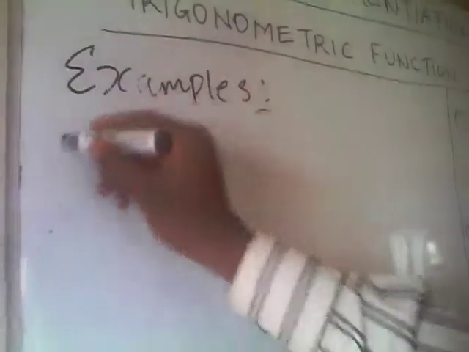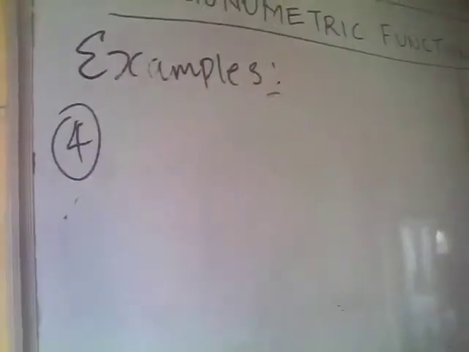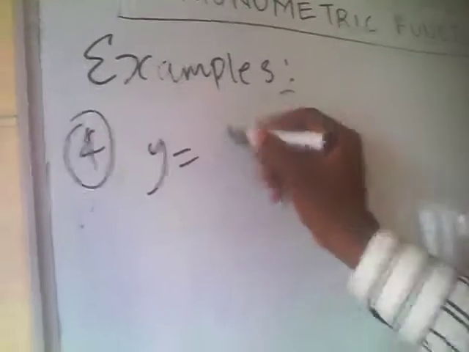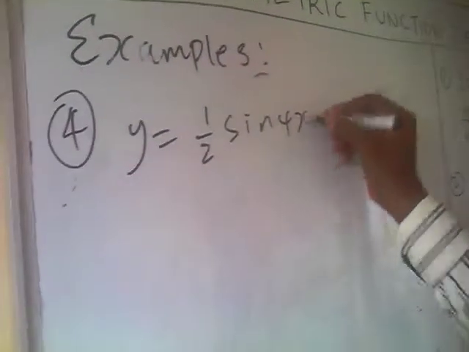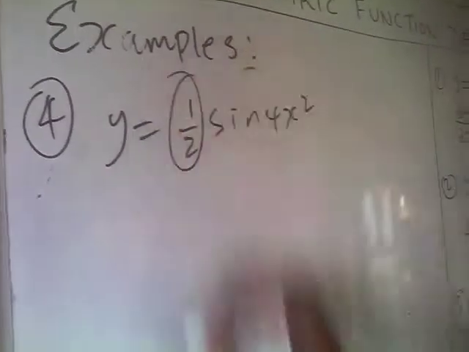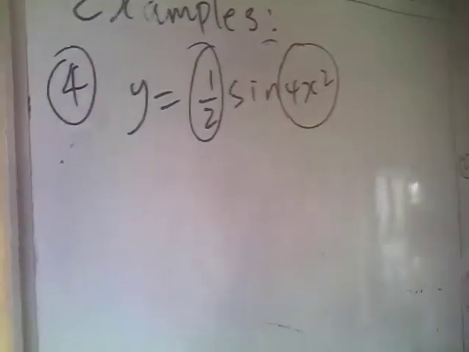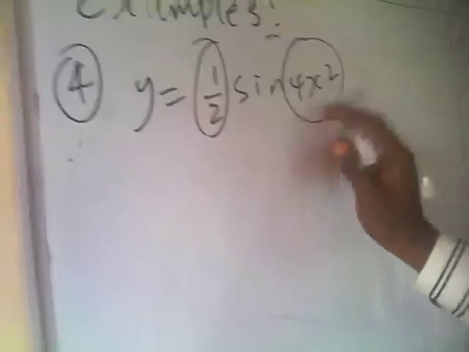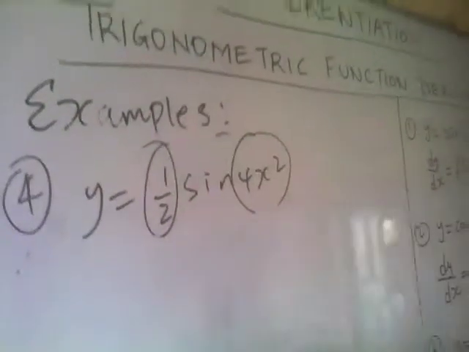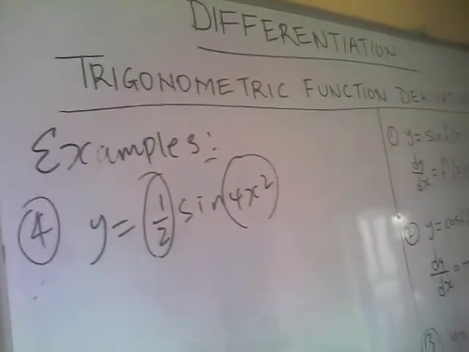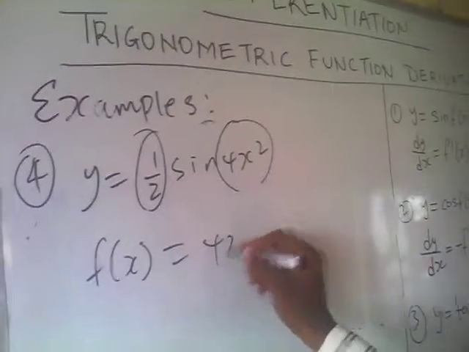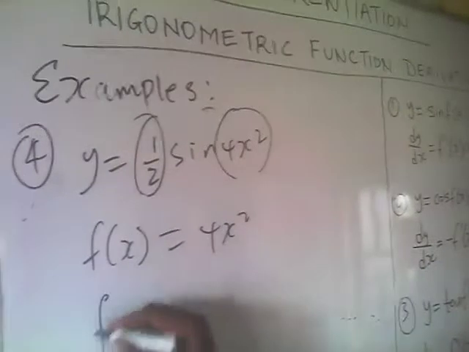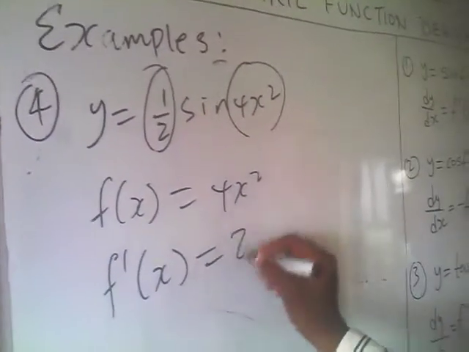Now, number 4, we have y equal to half sine 4x squared. Now, this half is a constant and this is a function of x. We are going to multiply the constant by whatever we get upon differentiating the sine 4x squared. Note that f of x here is equal to 4x squared, so f prime of x will be 8x.